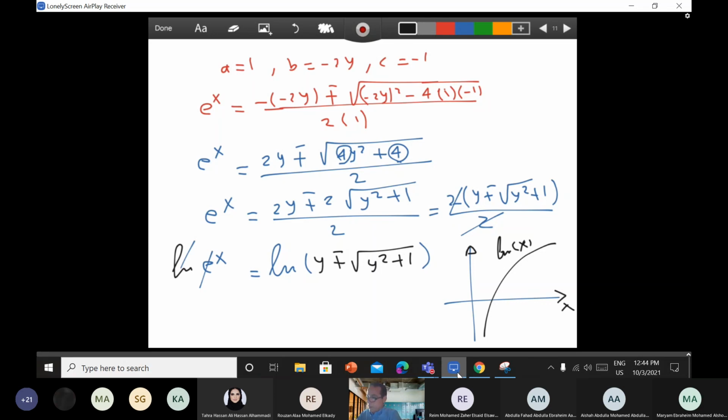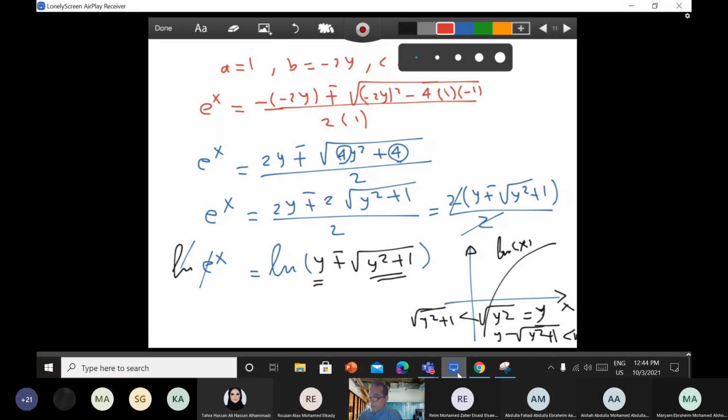And I know y is less than the root square of y squared plus 1, so root square of y squared plus 1 is greater than the root square of y squared, which is y. So if you subtract y minus root square of y squared plus 1, you have a negative value. So you will never accept the negative value here. So x equal to ln y plus root square of y squared plus 1.